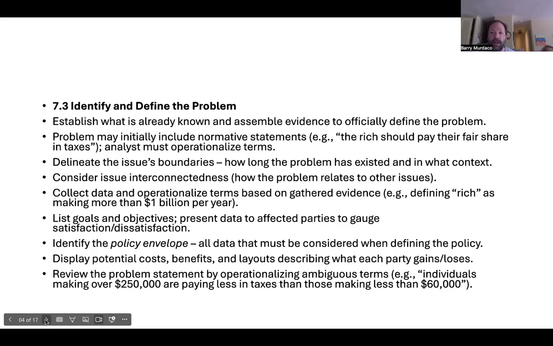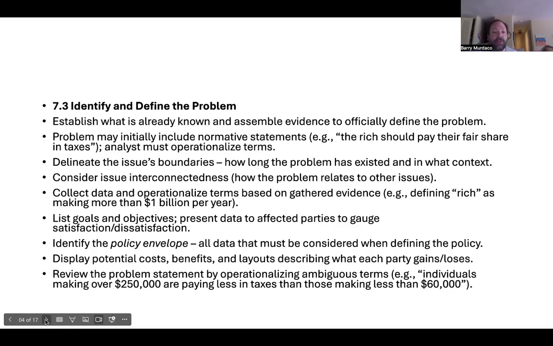In other words, take these sort of value statements and find a way that you can actually analyze them and essentially evaluate the effectiveness of proposals to do things like this. In other words, make sure that the rich actually pay their fair share. How would you actually evaluate a policy that was seeking to do that?